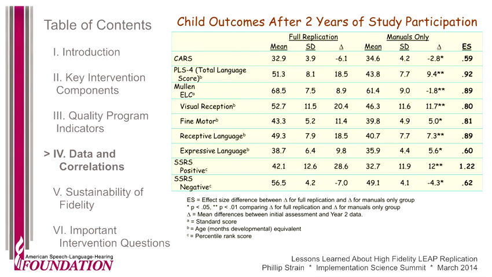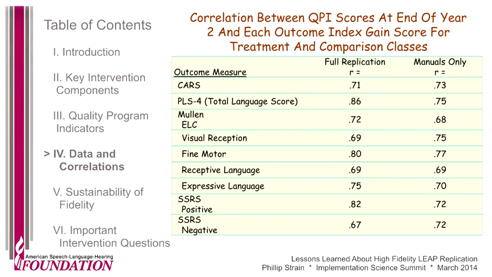Kids in the comparison group made 9.4 months developmental gain over 14 months. So we think perhaps we have something that's worthy of continuing to replicate.